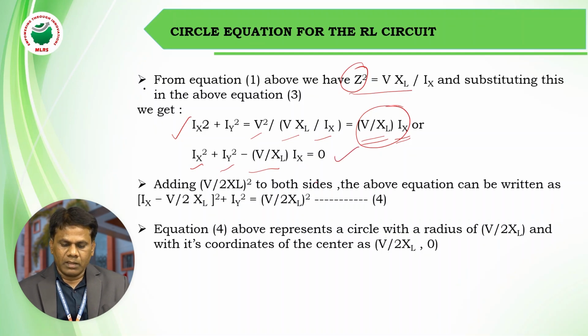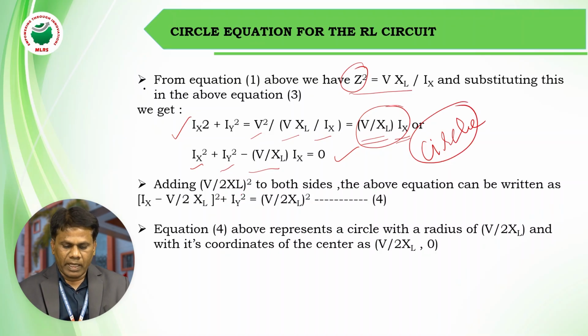In order to get a complete circle equation, we add another term, V by 2 XL whole square, to both the left-hand and right-hand sides.